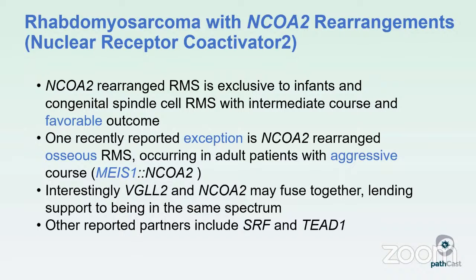Those are the tumors that showed fusion with MACE, NCOA2. Interestingly, VGLL2 and NCOA2 can fuse together. So there's this thought that these 2 fusion tumors are actually part of the same spectrum. Other reported partners include SRF and TAD1. So the ones with NCOA2 do well, and they're in congenital settings.